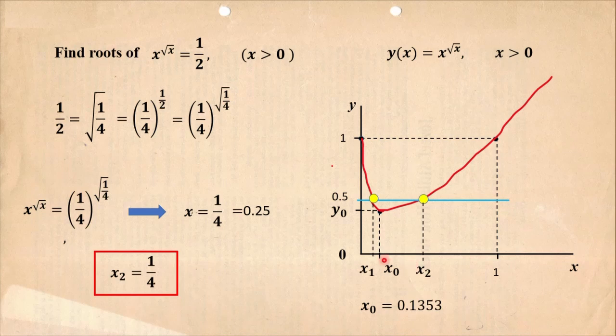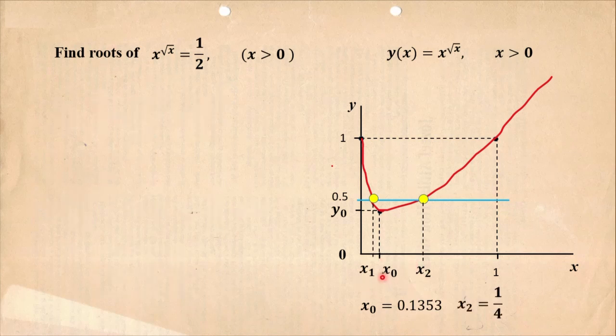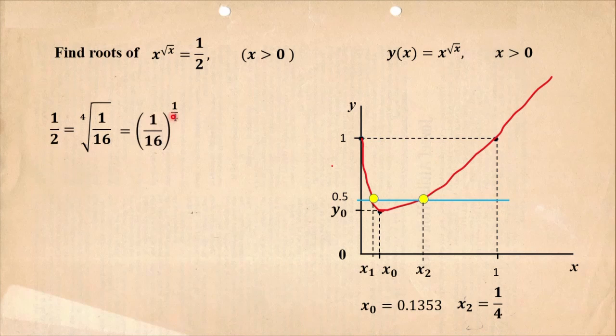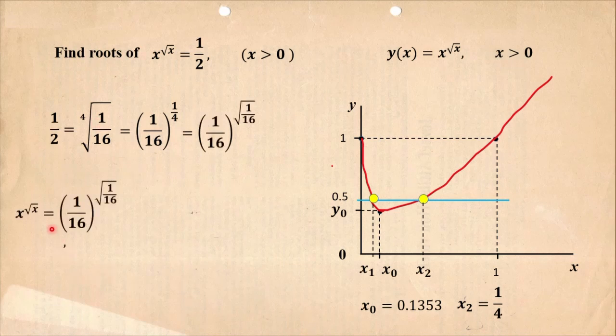Now we will try to find the last root. So we return to our picture, but now we represent 1/2 as the fourth-degree root of 1/16, or this is 1/16 to the power 1/4. Again, we replace 1/4 with this root and use the previous trick.